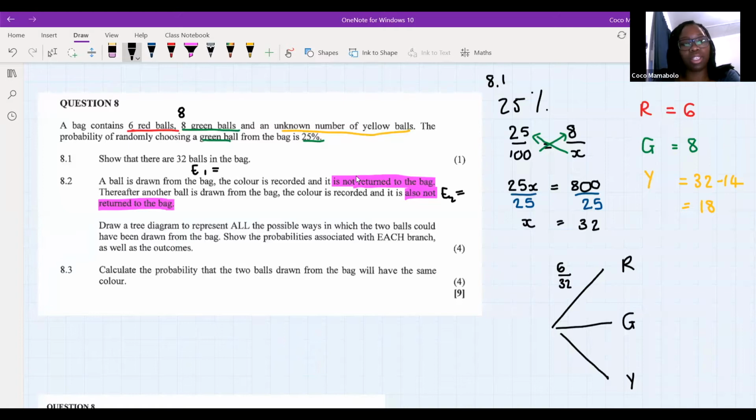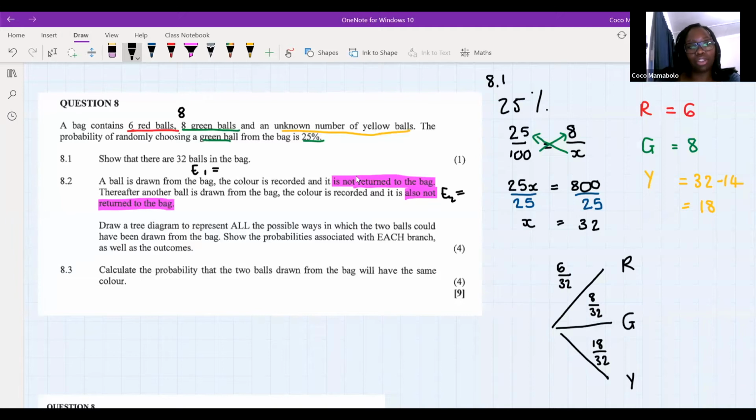And then if we drew a green ball, that would be 8/32, or you can even simplify that to 1/4. Or a yellow ball would be 18/32.